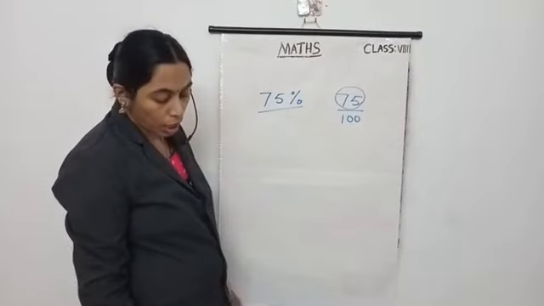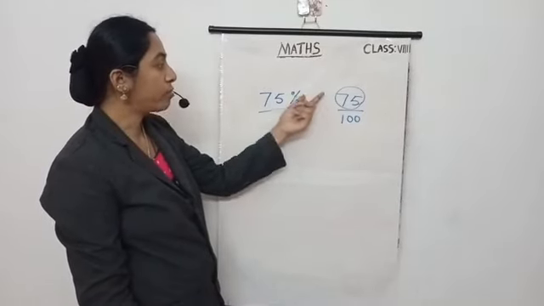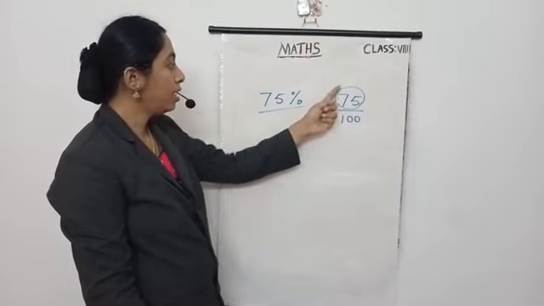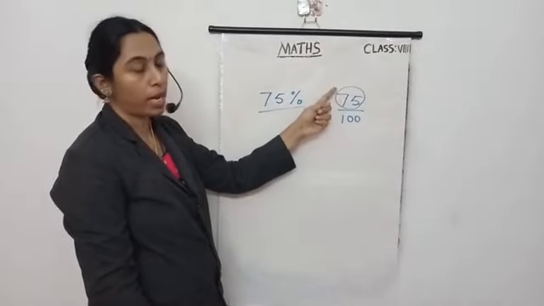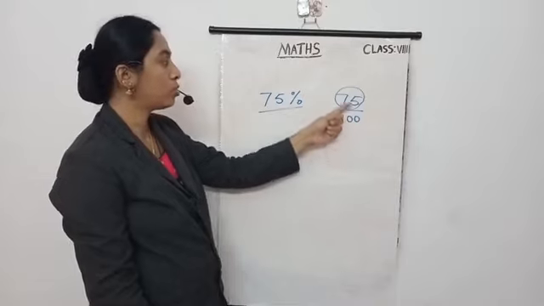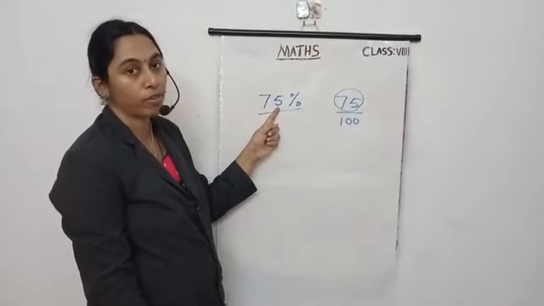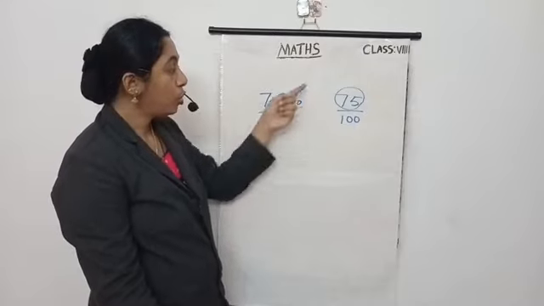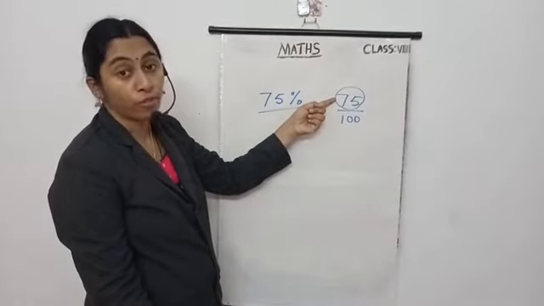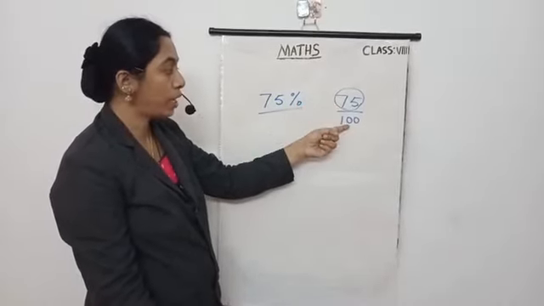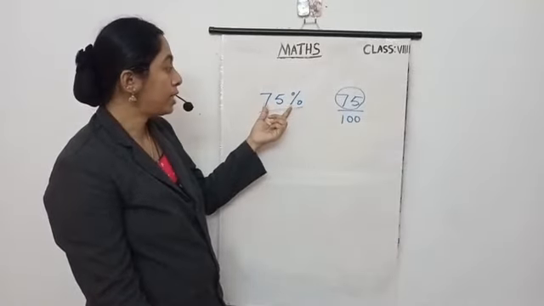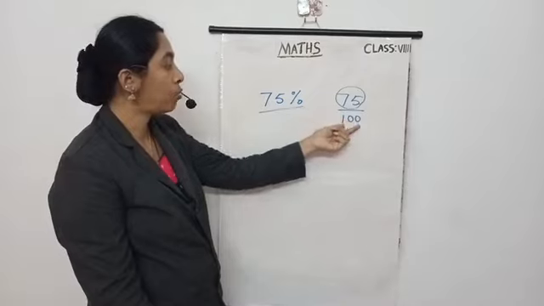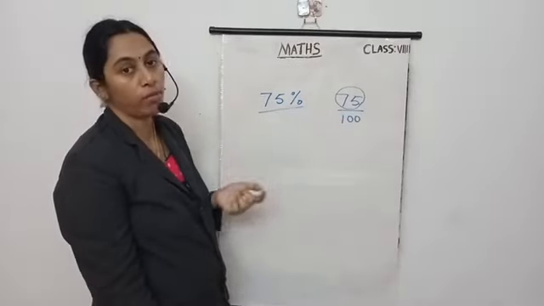Percentage means numerator of fractions with the denominator 100. Here the numerator is 75 and its denominator is 100. So the percentage is 75%. Once more, percentages are numerators of fractions with the denominator 100. Now 75% means 75/100. That is, out of 100, we got 75.